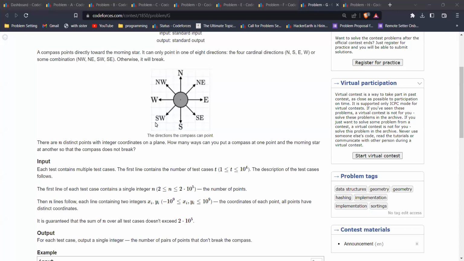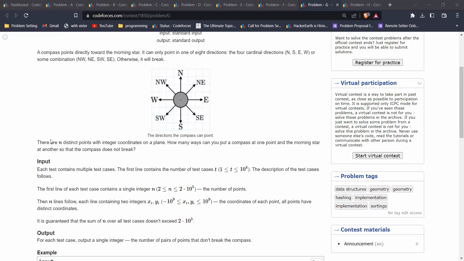So this is the problem that we were discussing, and in this problem we are given that a compass points directly towards the morning star, and it can only point in one of the 8 directions: the 4 cardinal, that is north, south, east, and west, and some combination like northwest, northeast, southwest, and southeast.